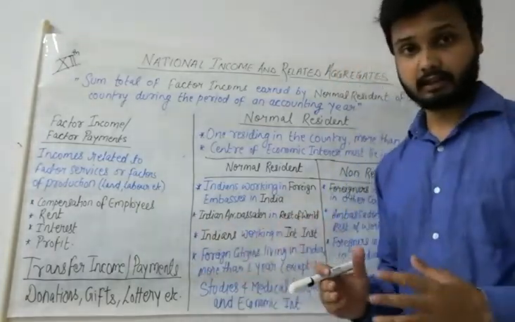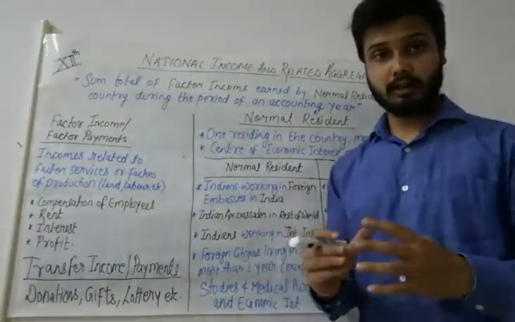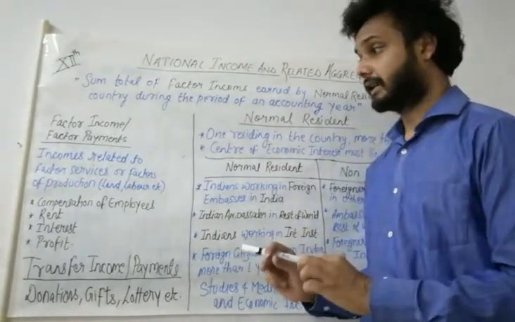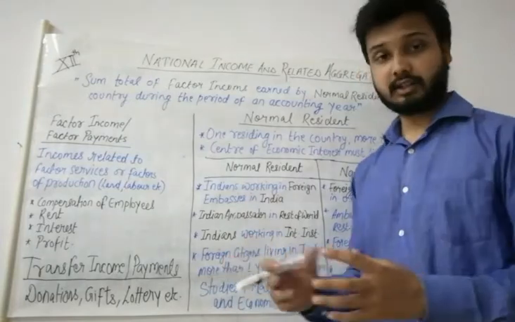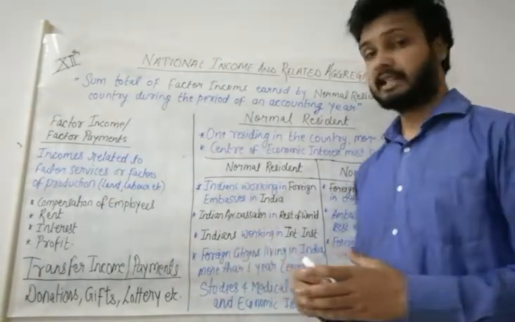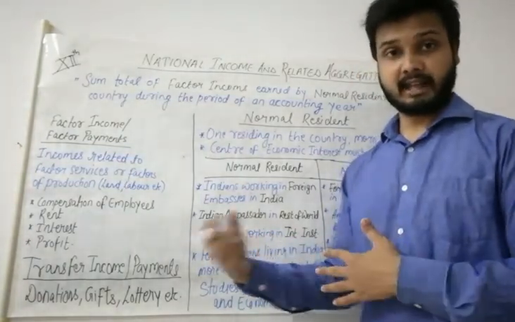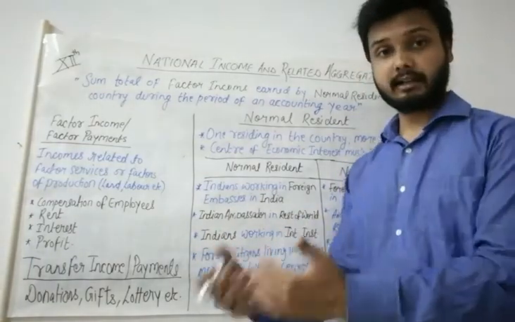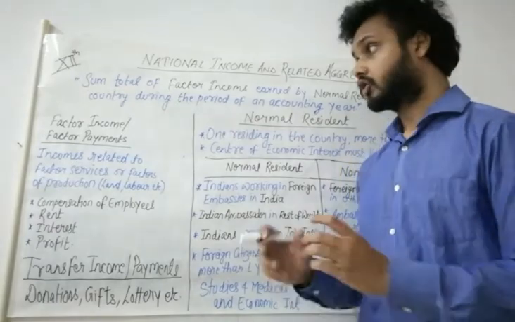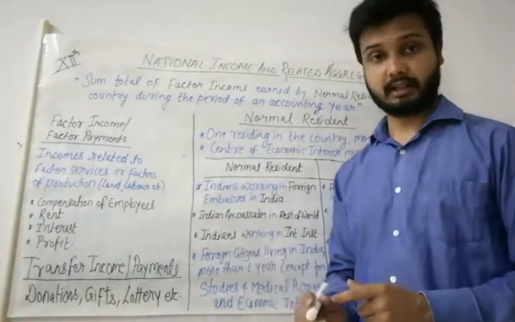In factor income we include all the incomes which are related to factor services. It means that whenever we render any service to anyone and in return we receive any payment, that payment will come in factor income.